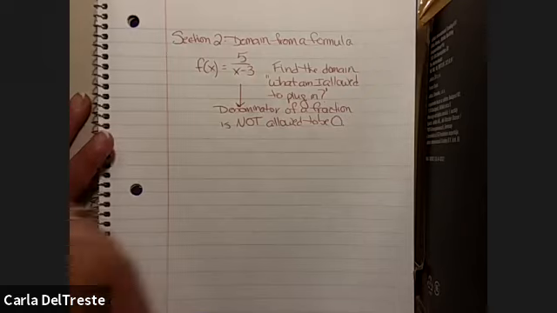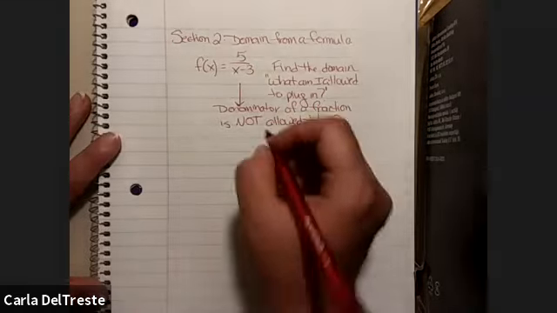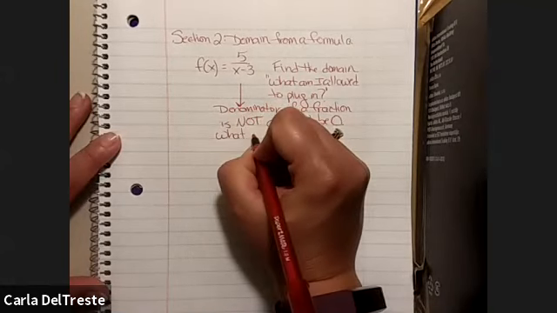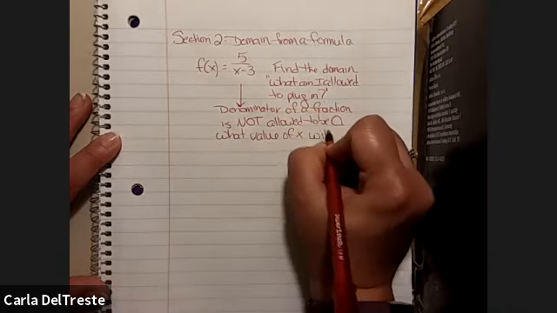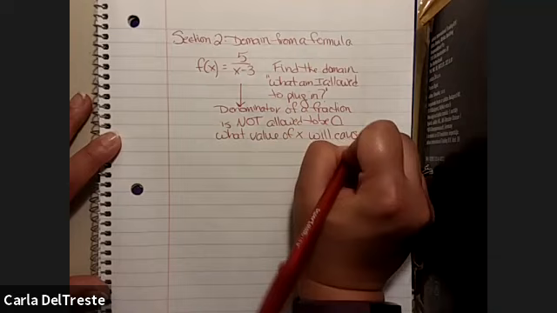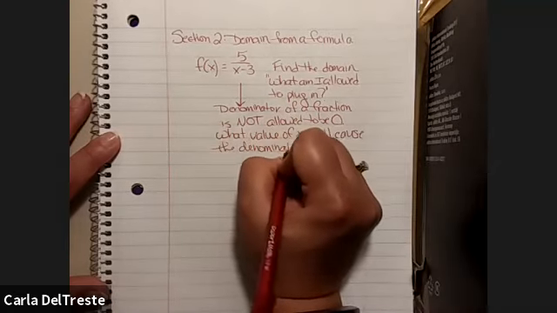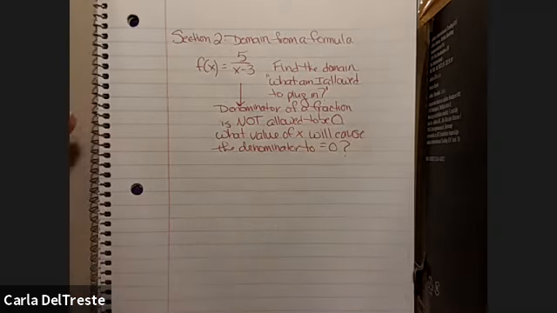So what we need to ask ourselves, since it's all about what's being allowed, is we have to find out what value of x will cause the denominator to equal 0. That winds up being the ultimate question.